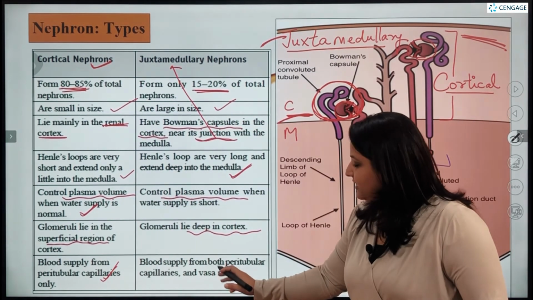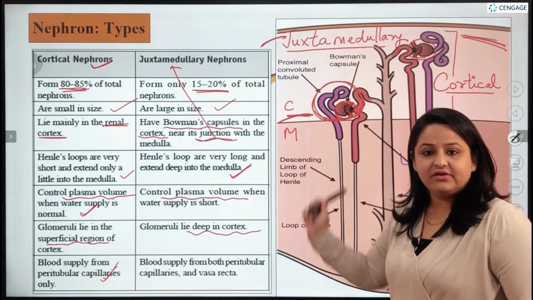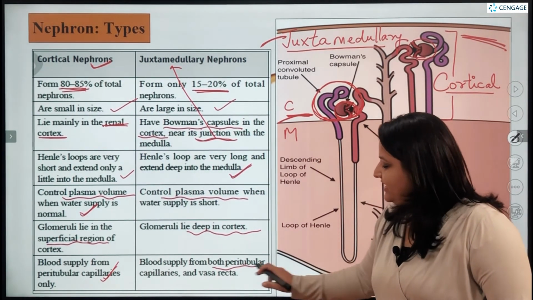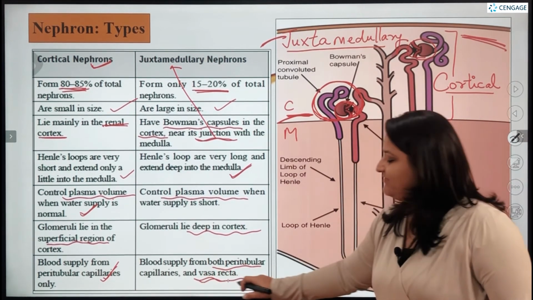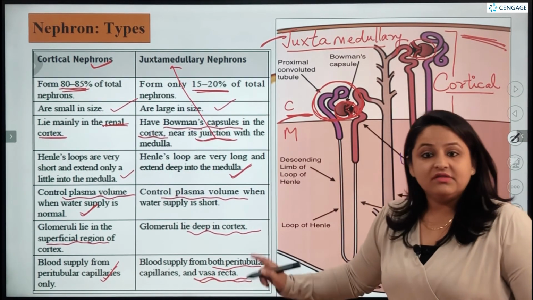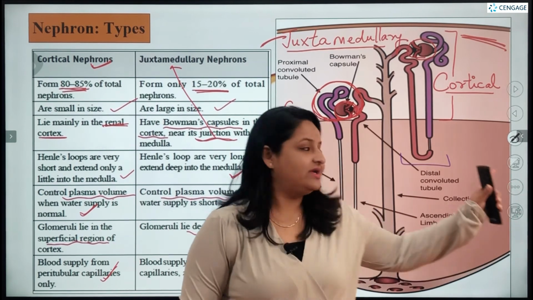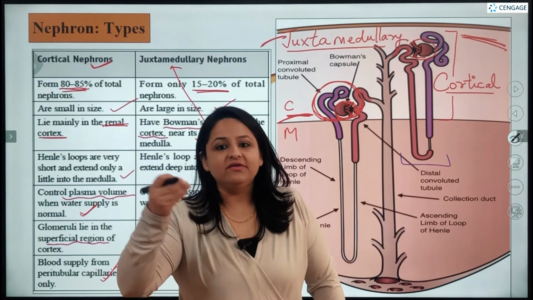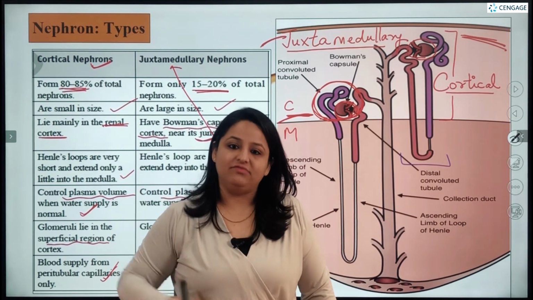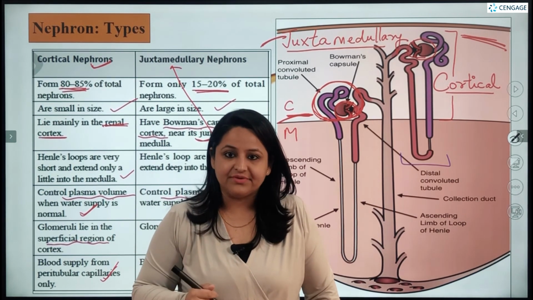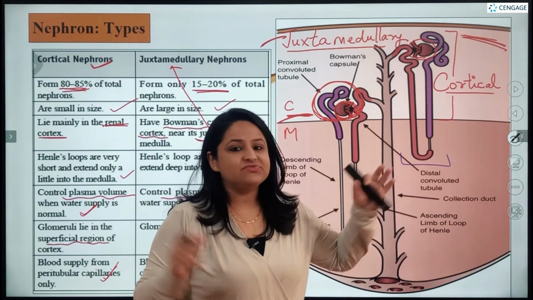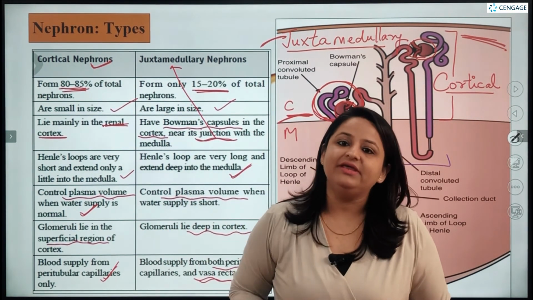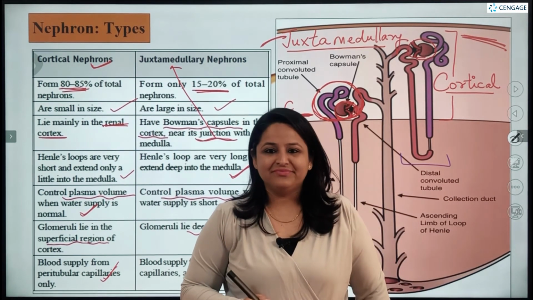Whereas the blood supply in the case of juxtamedullary nephrons comes from the peritubular capillaries as well as the vasa recta, which is also very well developed and long. The vasa recta in the case of the cortical nephrons is either not there or very less developed. It is not very well developed. So these were the two types of nephrons, that is the cortical nephrons and juxtamedullary nephrons.